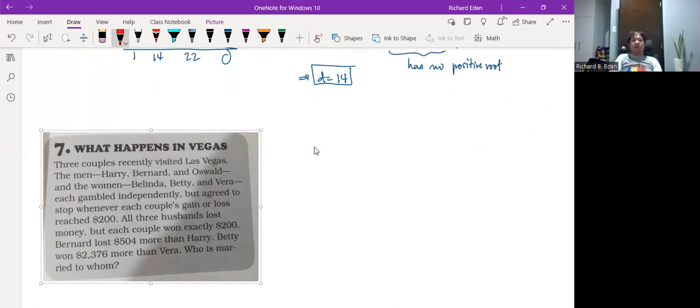So okay, positive 200. So that means nung napanalunan ng mga wives are beyond 200, enough to offset the losses. Question is, who are married? Bernard lost 504 more than Harry, and then Betty and Vera are okay.